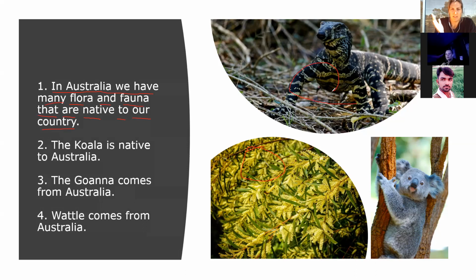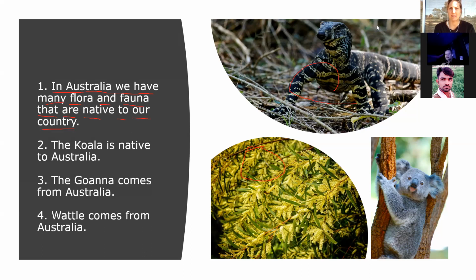But you could just ask me what are the native plants or what are the native animals. That is okay too. I could say a simple way, the koala is native to Australia. The goanna comes from Australia.